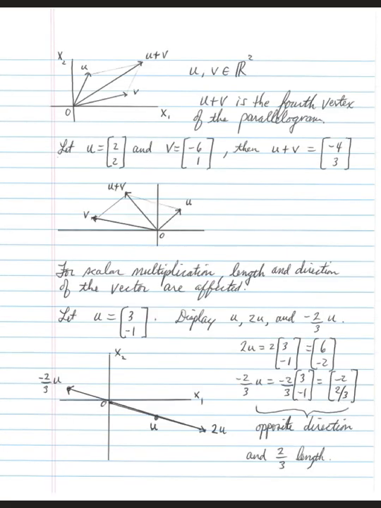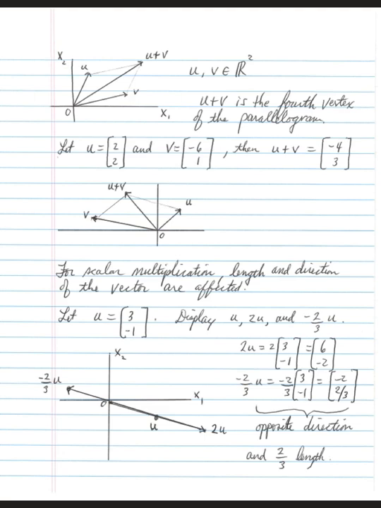Again, vectors u and v were in R2. u plus v is the fourth vertex of the parallelogram. Now, with the vector addition, if you think of this as the coordinate system that you're used to, the x-axis is your x1, and the y-axis is your x2.